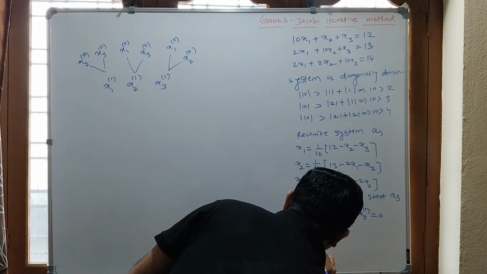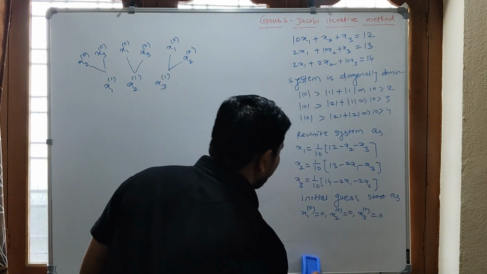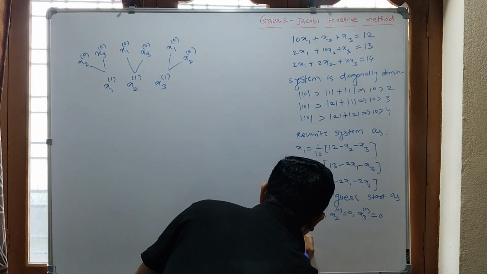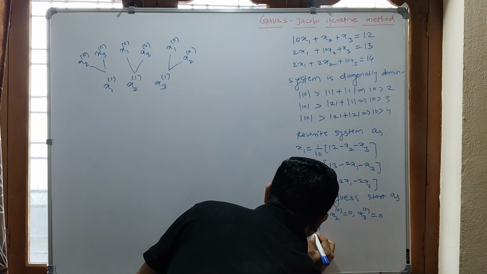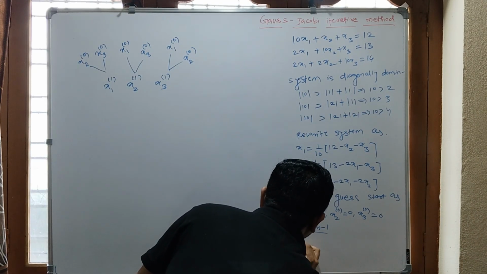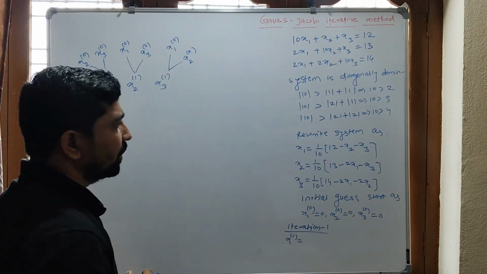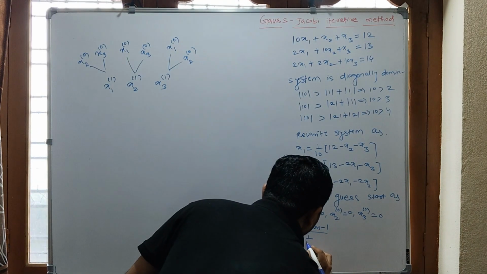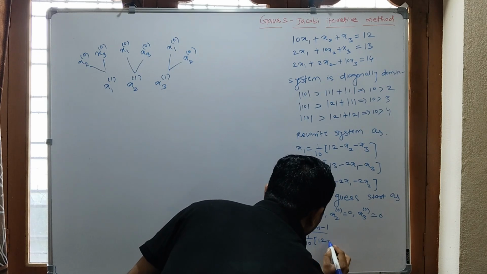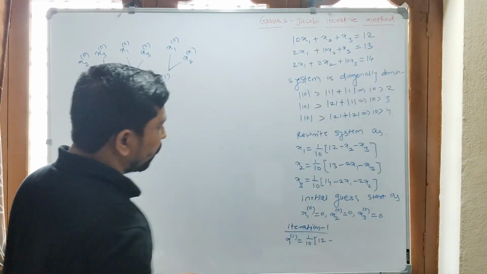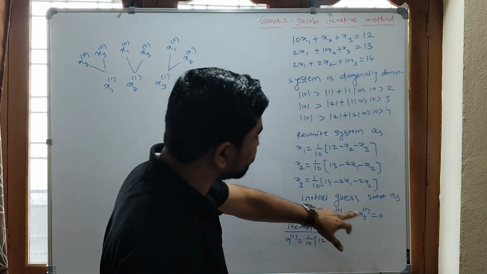Here, with the help of iteration 1, x1 at 1, I will write by using this equation: 1 by 10 times 12 minus x2 at 0 minus x3 at 0. While finding x1 at 1, I will use x2 at 0 and x3 at 0.